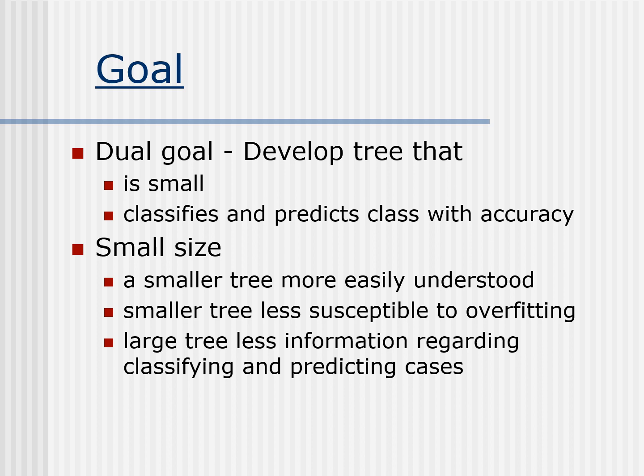So accuracy and small size are the major things we need to focus on. Another important thing is small size: a smaller tree is more easily understandable and less susceptible to overfitting. A large tree contains less information regarding classification and predicting cases. So always keep it small so that we can predict in a better way.